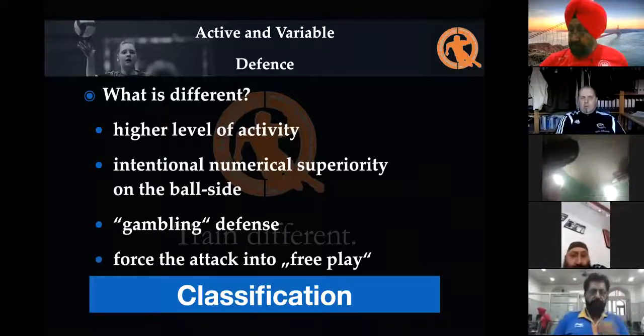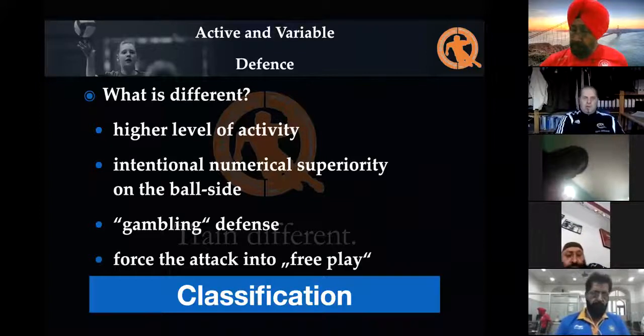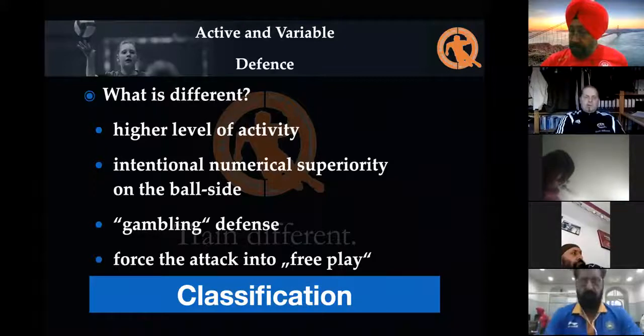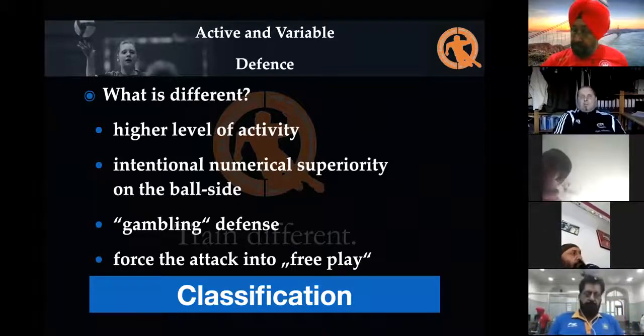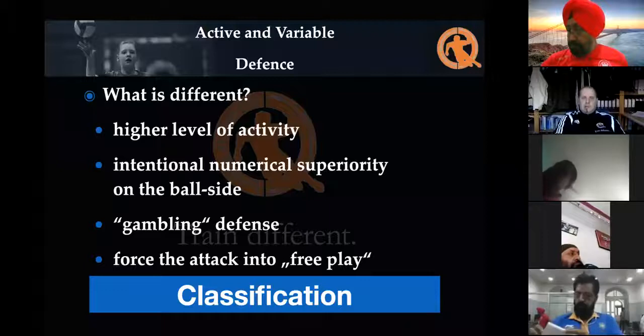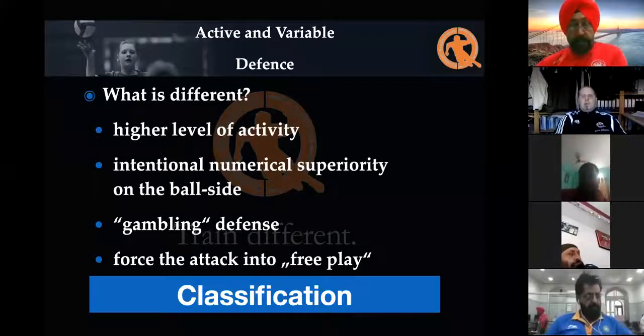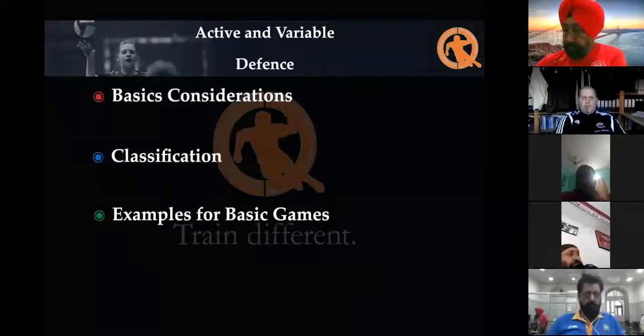This would be perfect, because then they cannot use their basic movements they like. They cannot use their attack combinations like they prepared in training. So then they have to use the free play, and the quality and the success and the efficiency of their attack is going down. Okay.